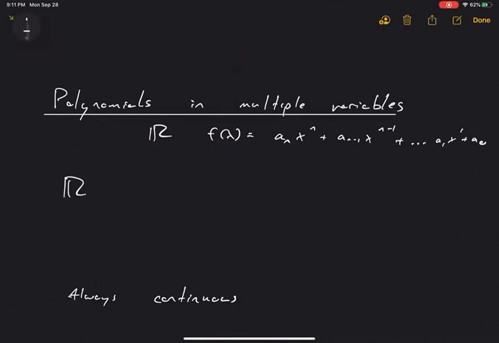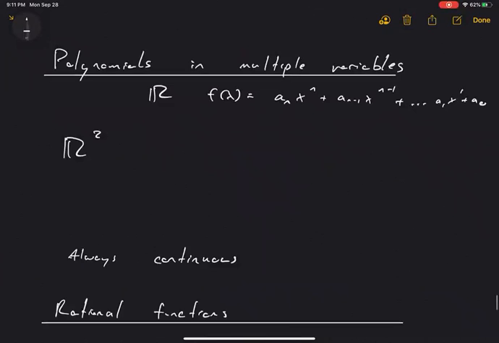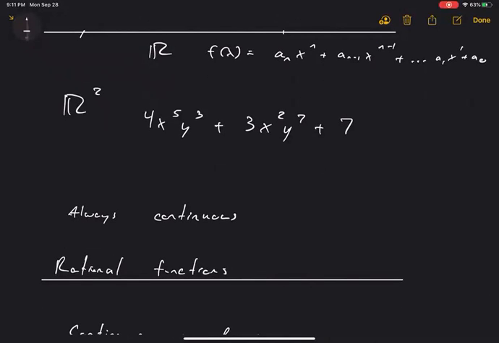If I'm talking about polynomials of two variables, that would be something like 4x^5 y^3 + 3x^2 y^7 + 7. So what I have is x to some power, y to some power, and then a constant out front. I'm not going to write it in general notation.